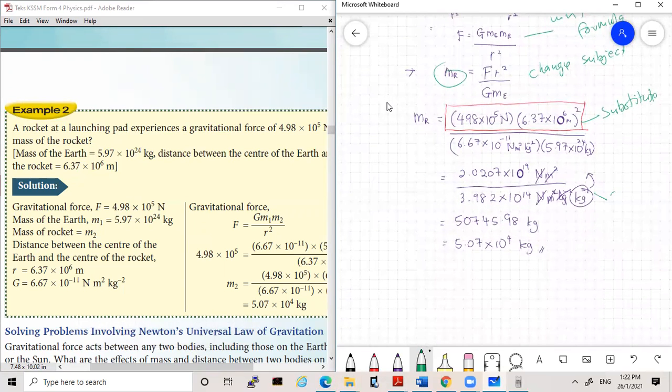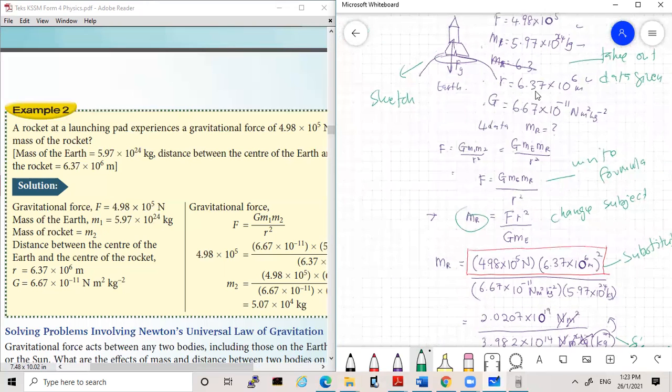Simplify, meaning I solve the upper part and then the lower part. And lastly, the final answer plus unit. Don't forget the unit. So that is my step on how to solve the question.